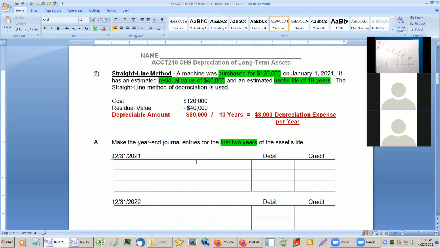Okay, so the journal entry is exactly the same every time.